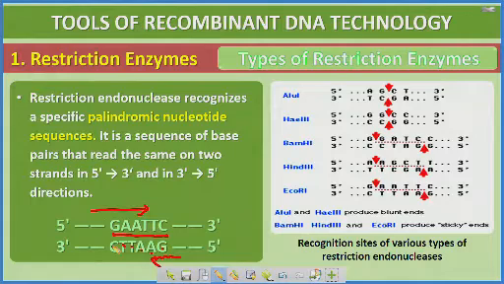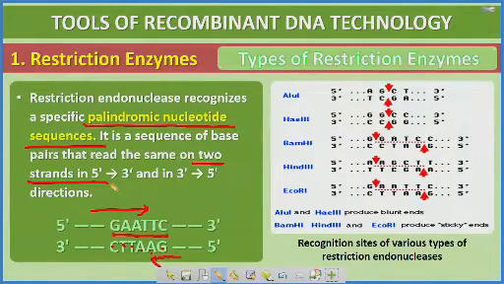So these are the palindromic nucleotide sequences. I again repeat, it is the sequence of base pairs that read the same on two strands in 5' to 3' and in 3' to 5' directions.